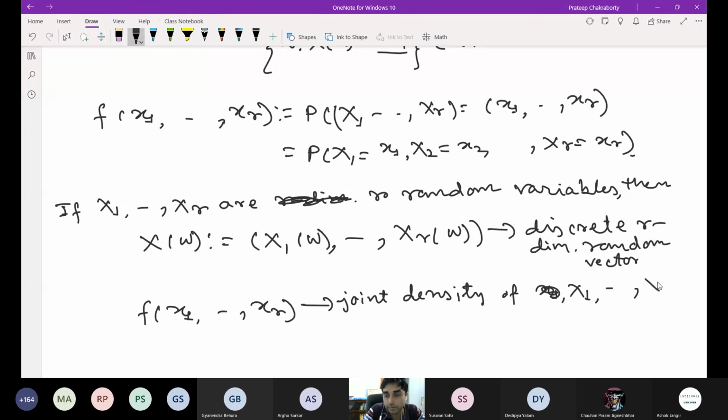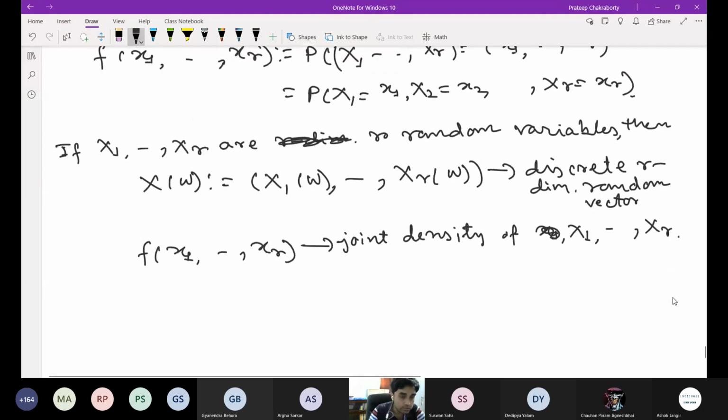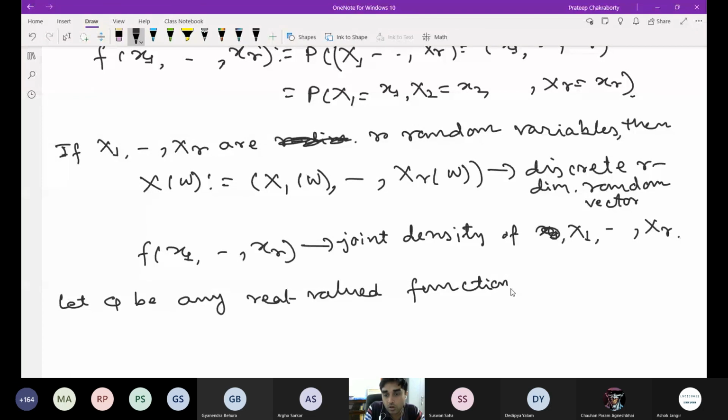I know this is a little bit difficult for you to understand all these things, but when you see these in details, this will be clear, I hope. But to prove these theorems, we need all these things. Let phi be any real valued function defined on R power r.